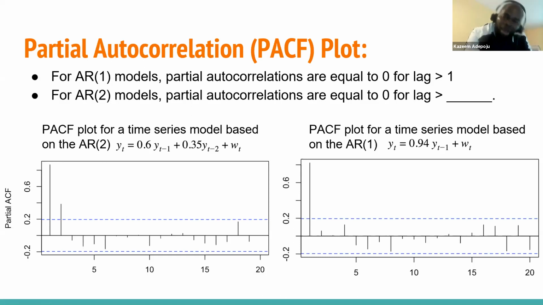But at lag 1 and at lag 2, it will be over 0. Take a look at that, because I'm talking about AR of order 2, the first 2 lags go beyond the blue dotted line. But anything from lag 3 and above, the autocorrelation will be equal to 0. Why do I know that it is equal to 0 right here? Because all the others are within the blue dotted line.